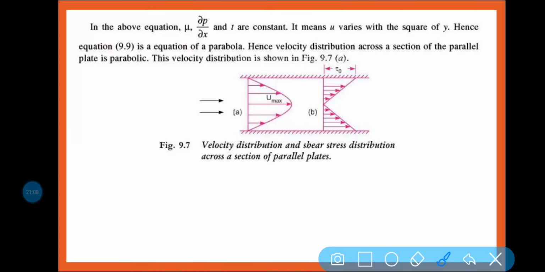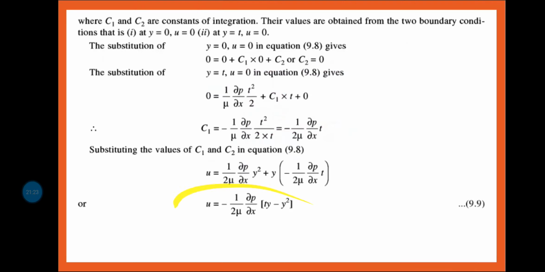So I hope the velocity distribution and shear stress distribution across a section of parallel plate, here it is shown, and I hope it is clear, because this is showing y square is equal to 4ax. This formula it is satisfying.